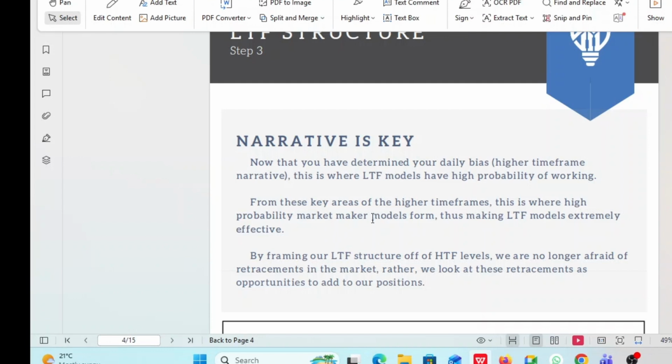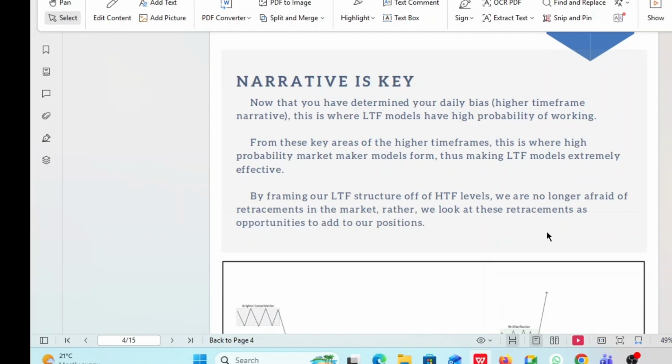From these key areas of the high time frame, a high probability market maker model forms, thus making lower time frame models extremely effective. By framing our lower time frame structure on the HTF or high time frame level, we are no longer afraid of retracement in the market. Rather, we look at this retracement as an opportunity to add to our position, either buy or sell.